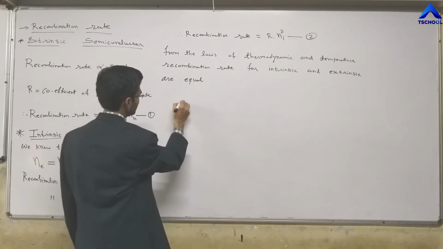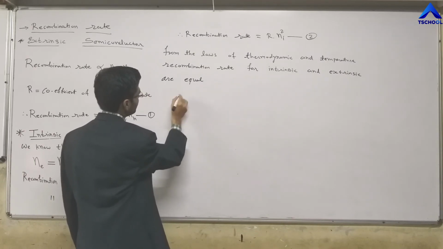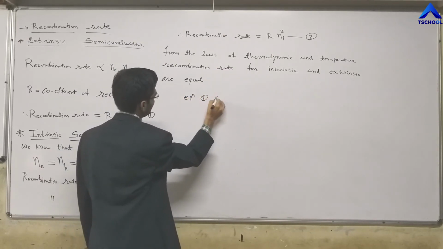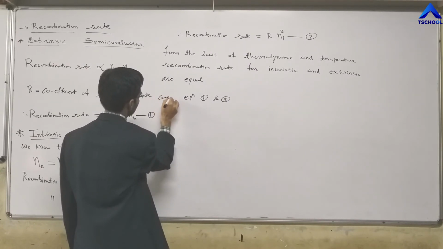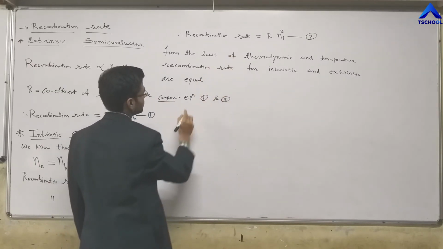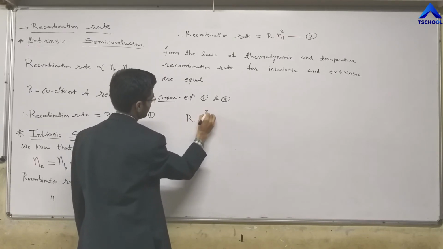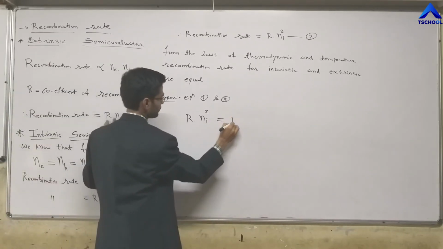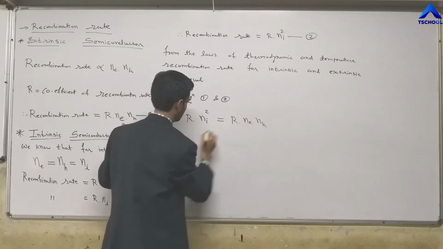Comparing equations 1 and 2, R into Ni square is equal to R into Ne into Nh.